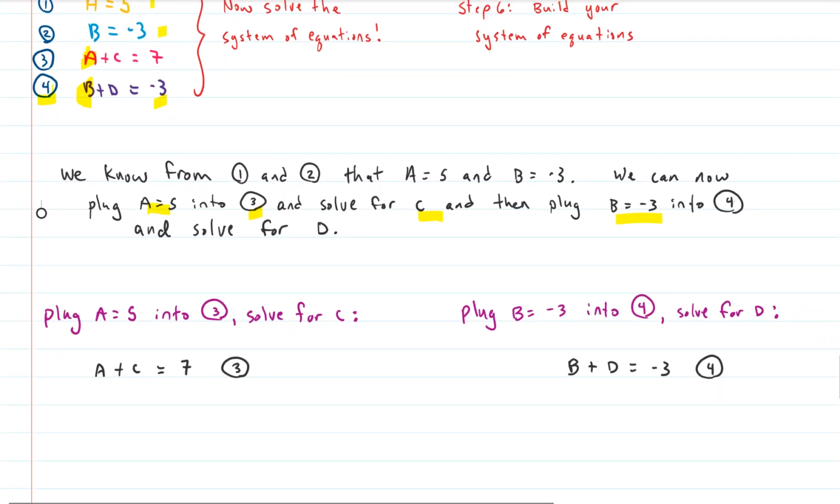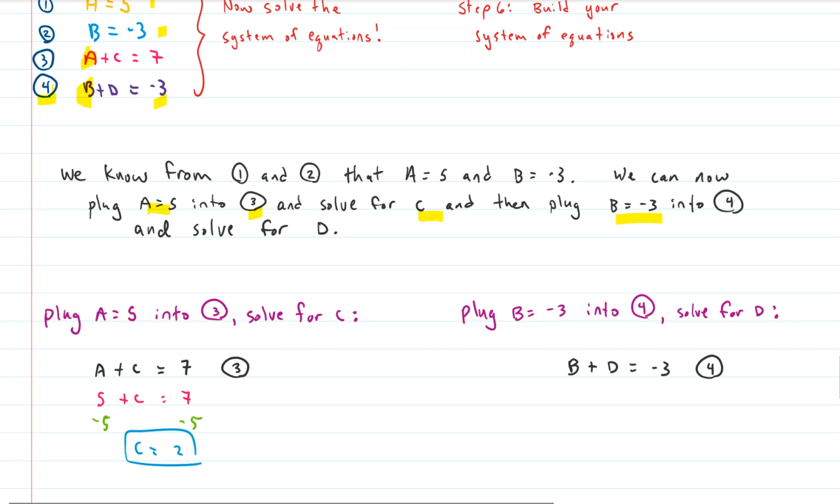If we take a, and we know a is 5, and we solve, let's subtract 5 from both sides. That gives us c equals 7 minus 5 is 2. We have solved for c. Perfect.